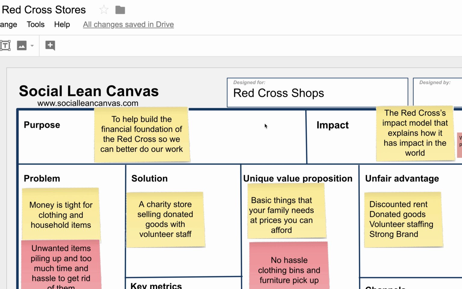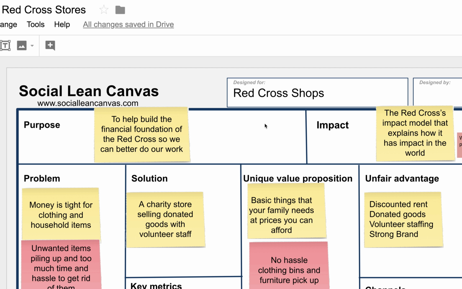And so just to be clear, this is my estimation of what the Red Cross shop business model is. This isn't one that they've actually put together themselves, so this is just for educational purposes. So purpose, what I put is to help build the financial foundation of the Red Cross so we can better do our work.